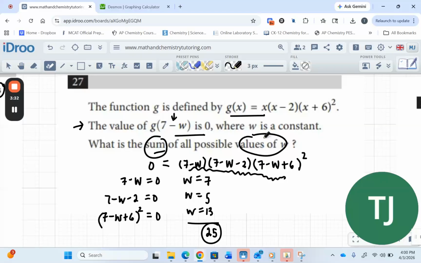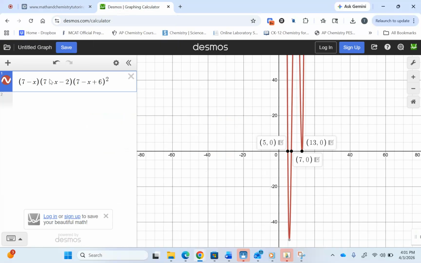Every time you're finding the values, you must graph it and find the x-intercepts. And the only way to graph them is to have an equation in terms of x. So we have to replace w with x once we are on Desmos. So we are going to plug this in on Desmos, which I already did. It's 7 minus x, 7 minus x minus 2, and 7 minus x plus 6 squared.